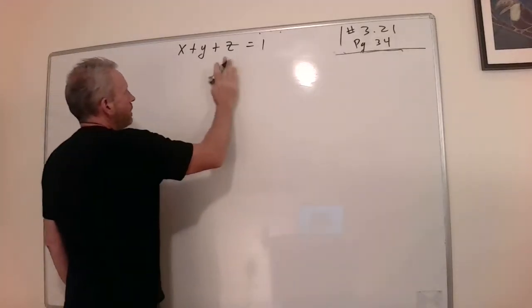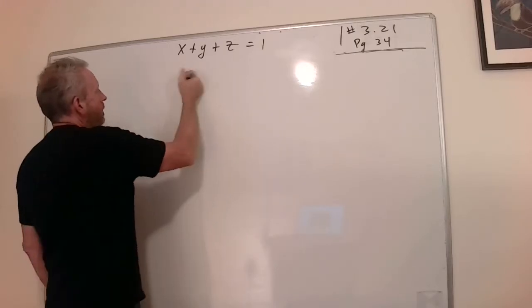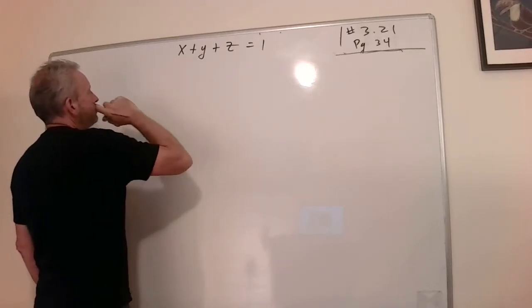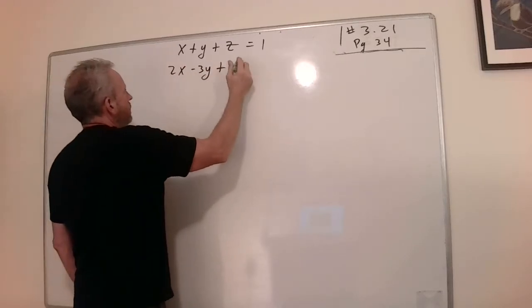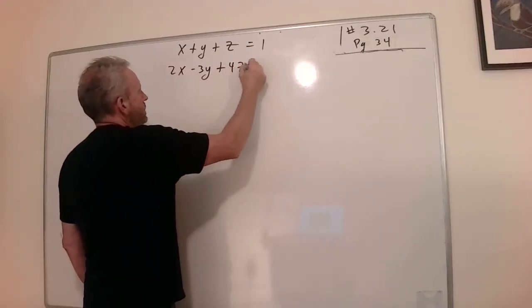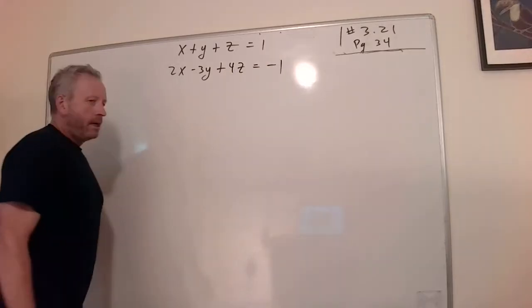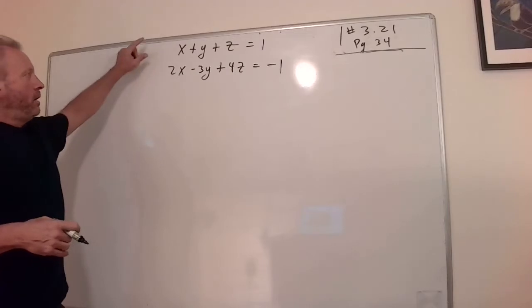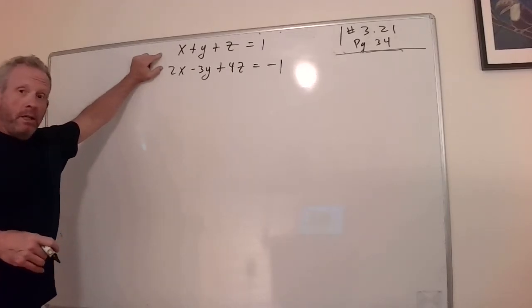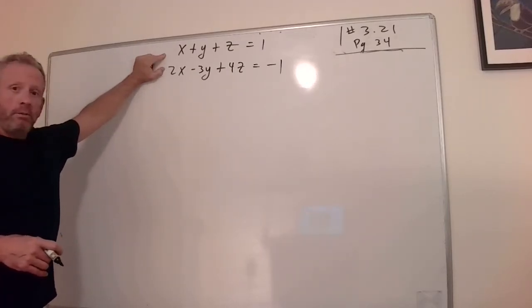So here's one equation, 3 unknowns. I want to add another equation here. Let's say we had 2x minus 3y plus 4z equals negative 1. And that's our system. This is an example I'm just making up right now. We have two equations and 3 unknowns. Each one of these represents a plane.